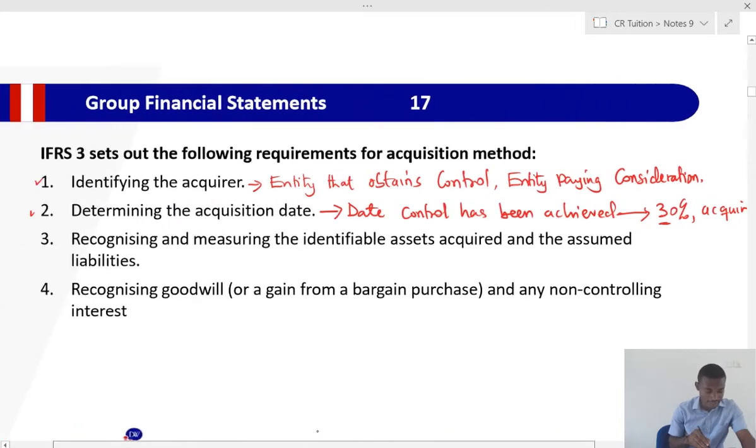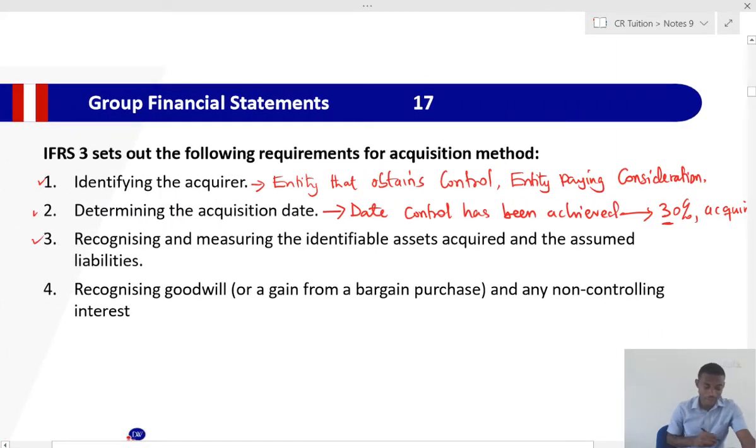So the next step is to recognize and measure the identifiable net assets. We say net assets, the identifiable assets, and then also the liabilities.